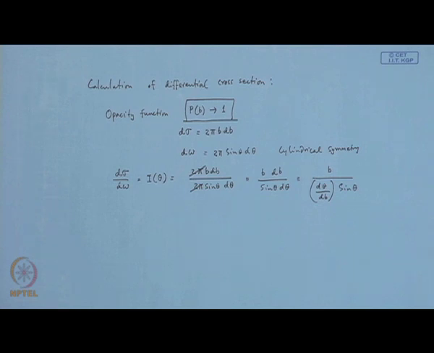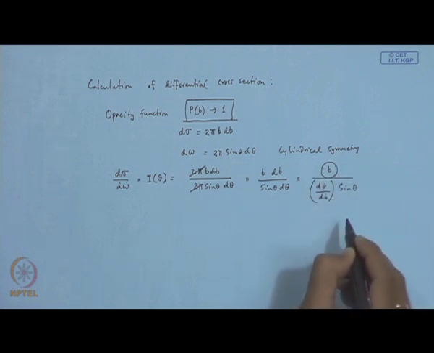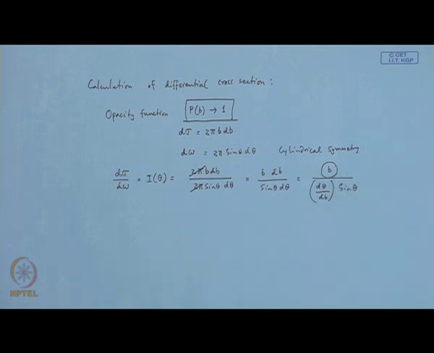Now the next question is that the value of b may not be unique. More than one value of b may contribute to the same scattering angle, I mean more than one value of b may be relevant for the same scattering angle.